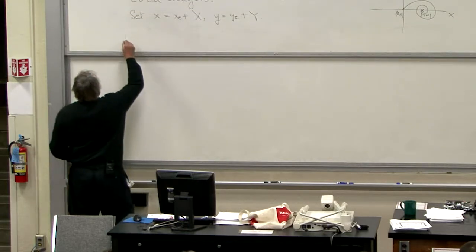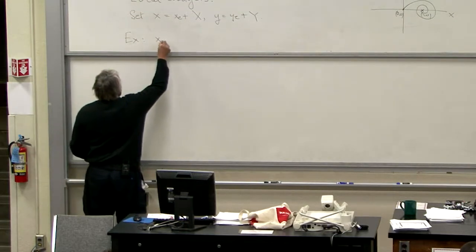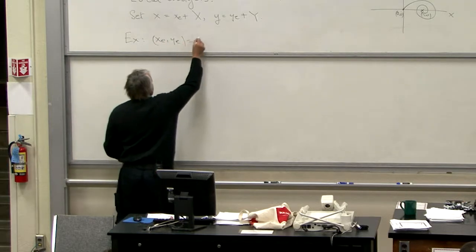Let's take the example of XE, YE being 0, 0.